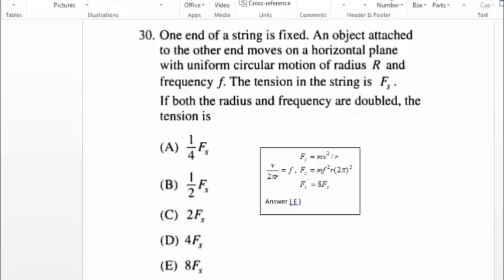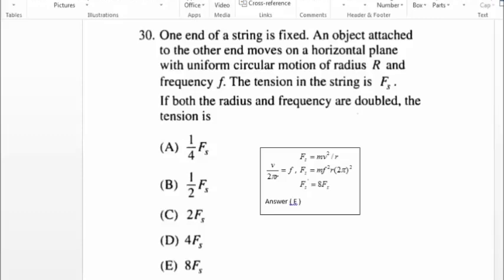Now the frequency is v by 2 pi r, because 2 pi r by v is the time it takes for one cycle, so the frequency f is v by 2 pi r.